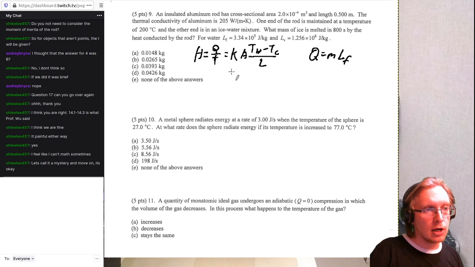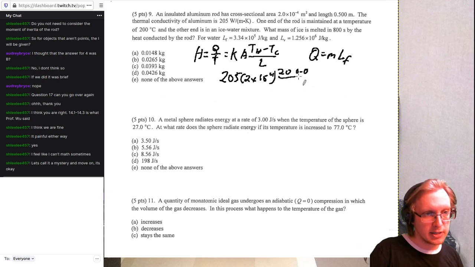Alrighty. So we have all this information. K, we are told, is 205. Cross-sectional area of 2 times 10 to the minus 4. T hot is 200, minus the T cold, which is 0, because it's in ice water, and it will remain that way. And its length is a half meter.